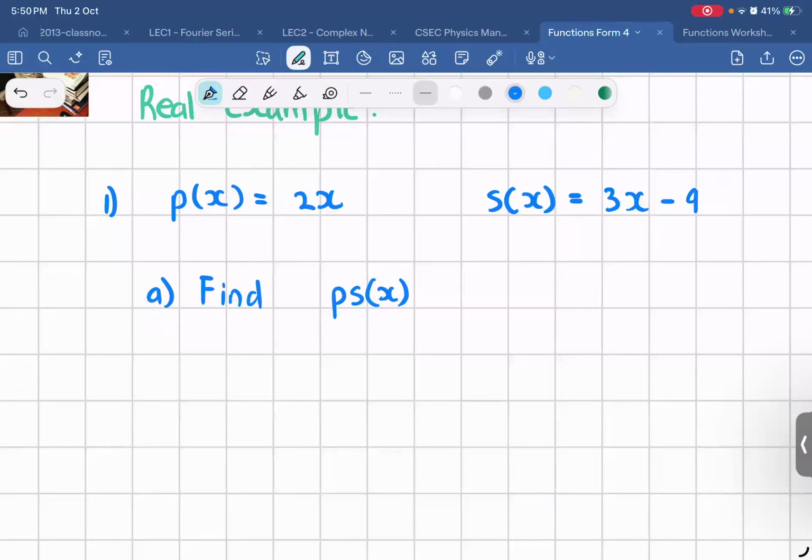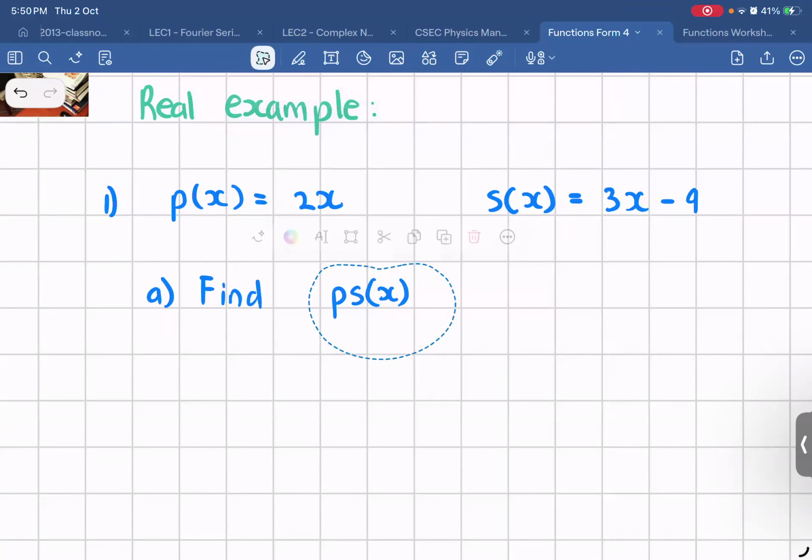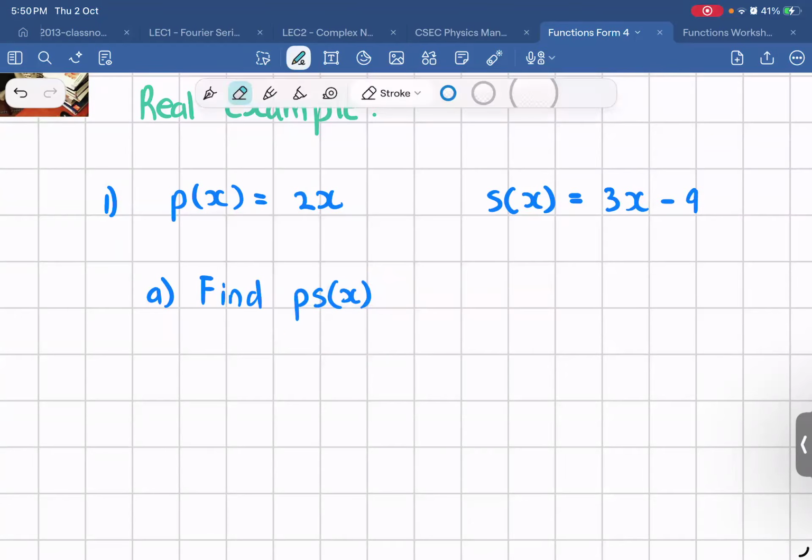How much do you feel like crying right now? Yes, I don't know what that is. I like the honesty. Keep the honesty coming. Chelsea, when you see that, you feel like crying, right? PS, what is that about? Put S in P.